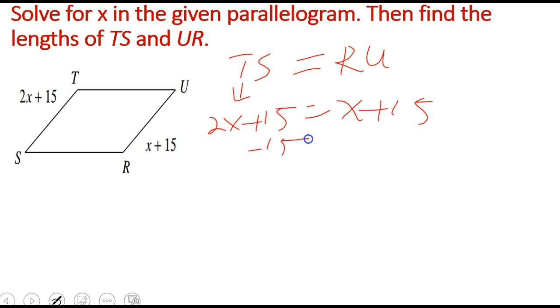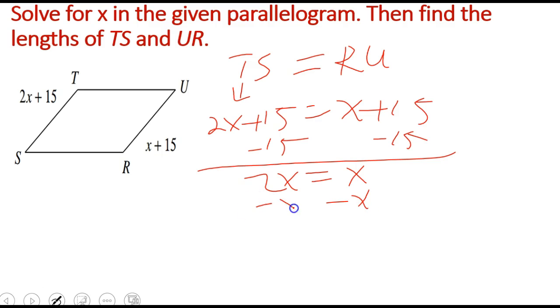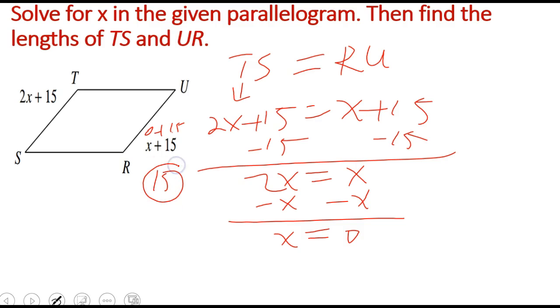For x, subtract 15 from both sides, and we get 2x equals x. Well, we still have to collect like terms. If we subtract x, we get x equals 0. So substitute 0 here: 0 plus 15 gives you 15. 2 times 0 is 0, plus 15 is 15. So that confirms that both sides are 15. They have to be. It's a parallelogram.